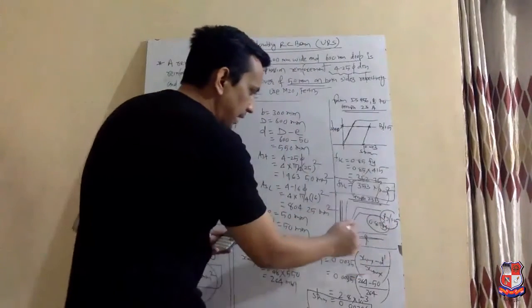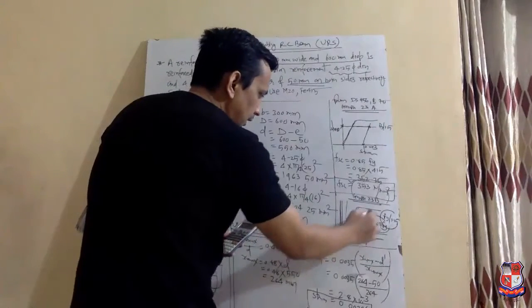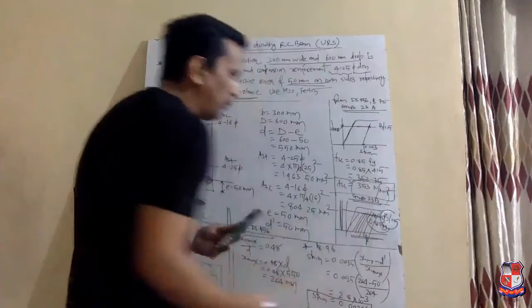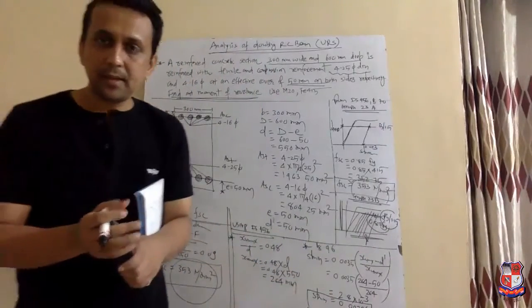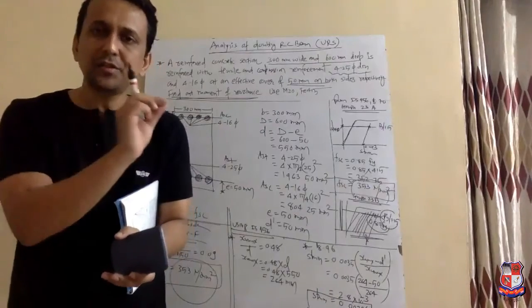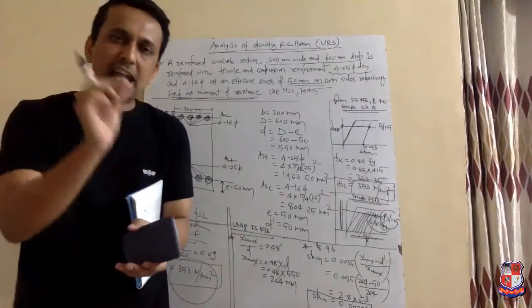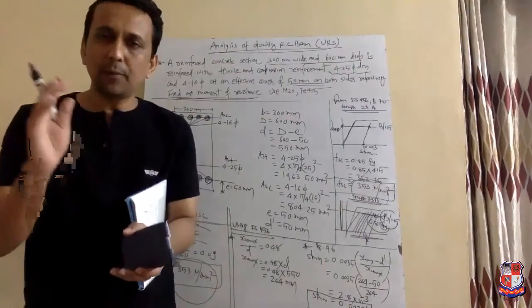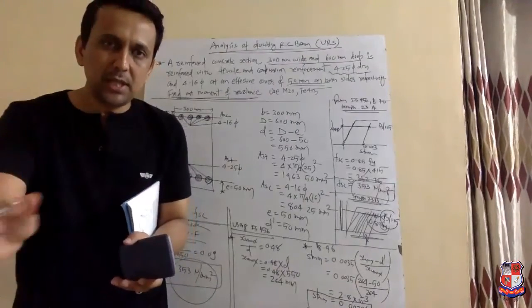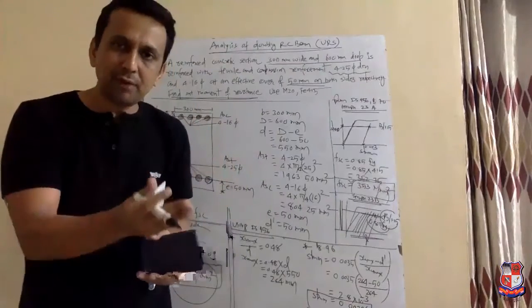Means whatever value of strain, when we draw the parallel line, we will get the value 0.87 Fy. That's why in the handbook, page number 13, it is clearly written that for Fe 250 grade of steel, the value of FSC will be 0.87 Fy.